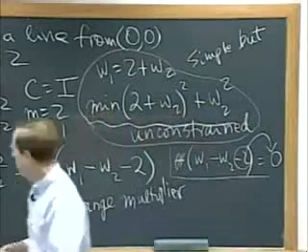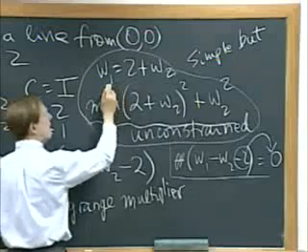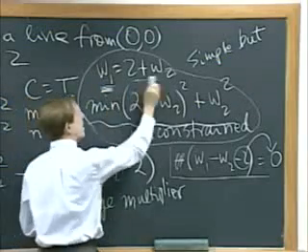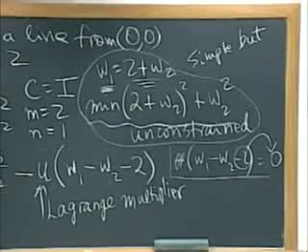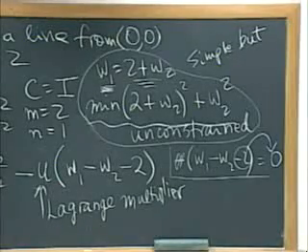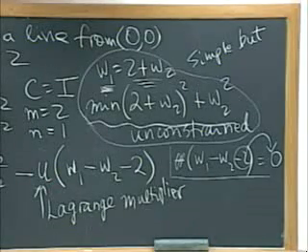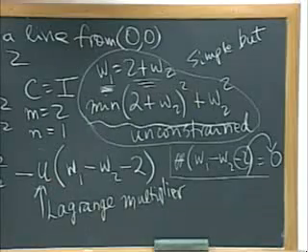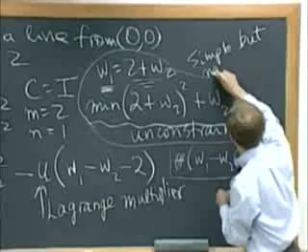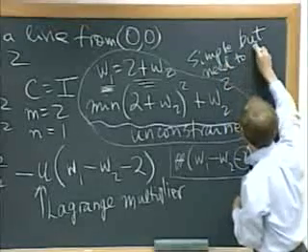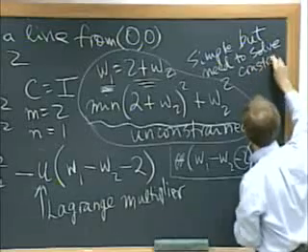Somehow, what did we have to do to get there? Well, we had to express some of the unknowns in terms of other ones. We had to solve the constraints. And that's what I want to say is not so easy in general. This simple way needs you to solve the constraint equation and find the solutions.